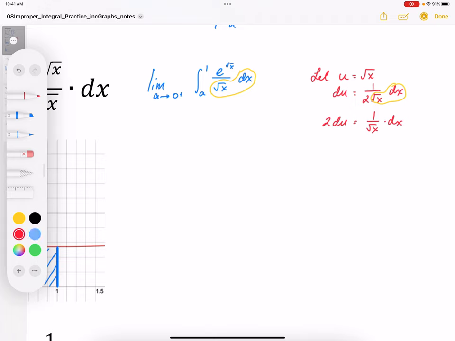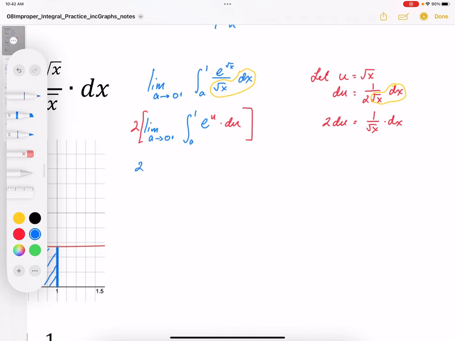So I'm going to then use my limit as a approaches 0 from the positive side, 1 over a to 1, and then I'm going to replace that square root with a u, and then I'm going to replace the 1 over root x dx with a 2 du, so I'm going to times du, and then I'm just going to bring that 2 on the outside because I don't really need to involve it, since it's a constant. So there it is. I'm going to now integrate this expression.